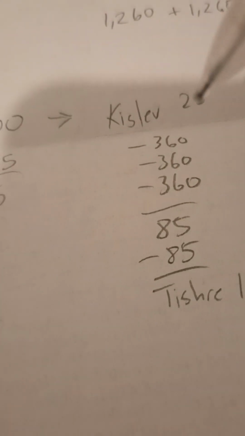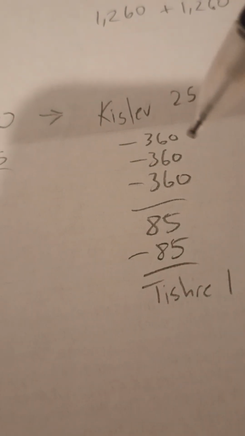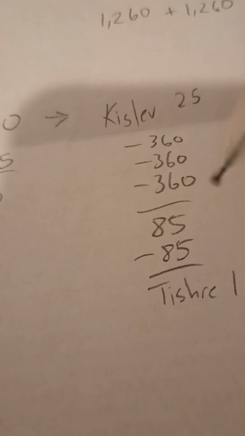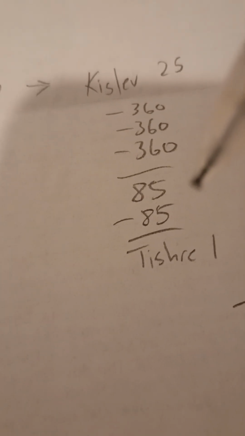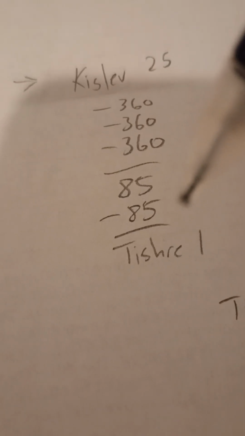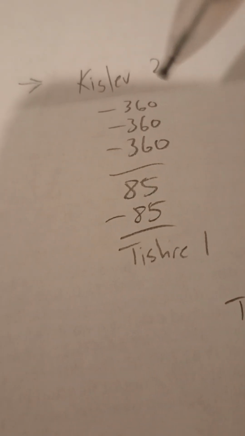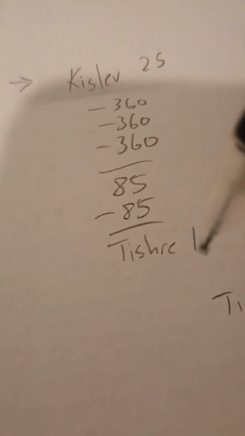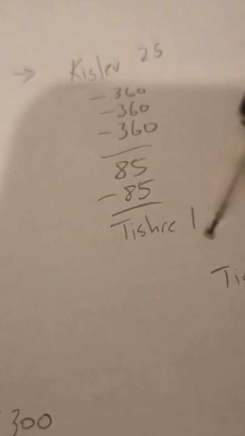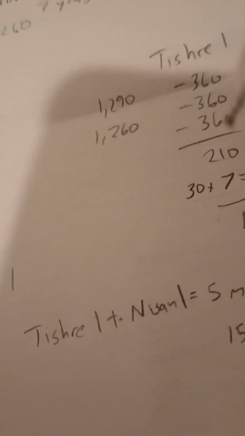From Kislev 25, if you subtract 3 years, you're right back at Kislev 25. And now you just have to take off 85 more days. There's 85 days from Kislev 25 to Tishri 1. So that 1,335 gets you to Tishri 1 doing that calculation.